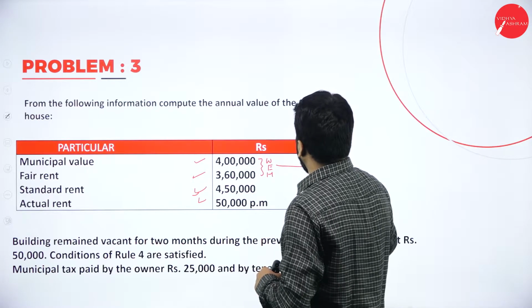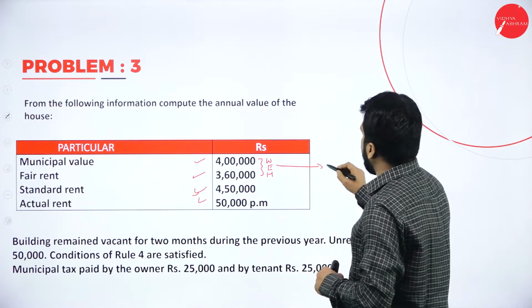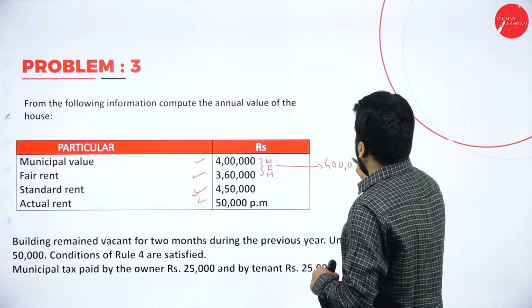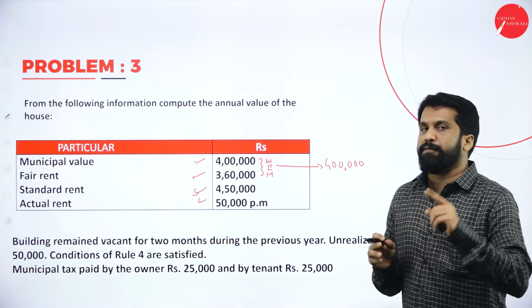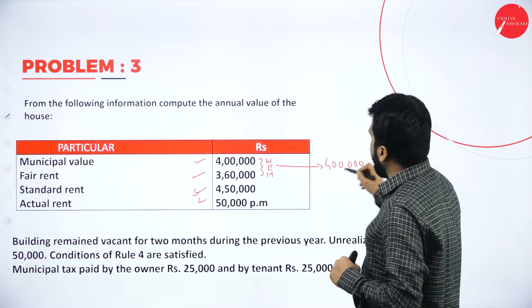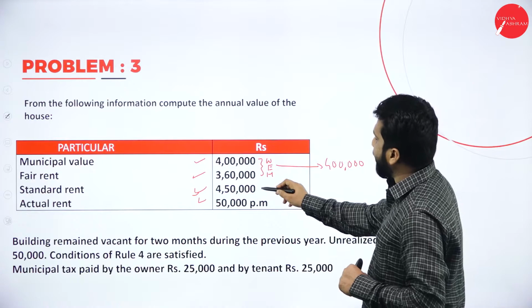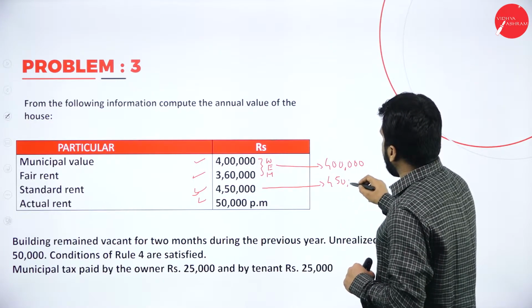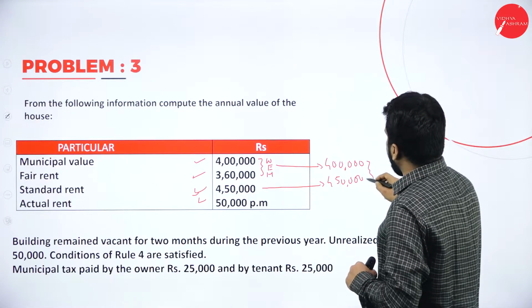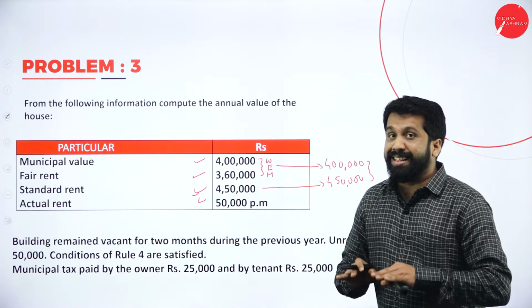What is the higher value? In this, the higher value is 4 lakh. Clear? 4 lakh is bigger or 3 lakh 60? 4 lakh. Now, compare your answer with standard rent. Standard rent is how much? 4,50,000.